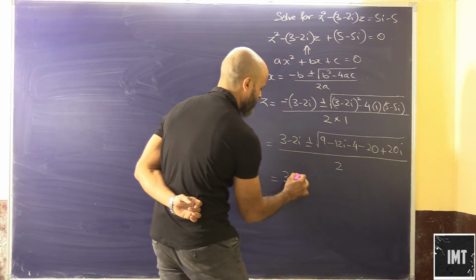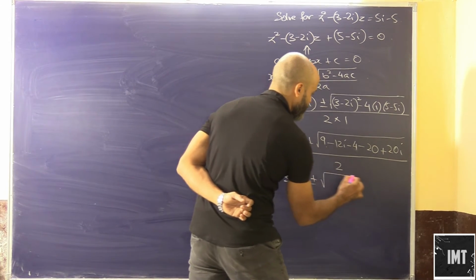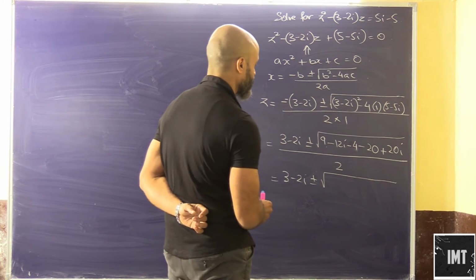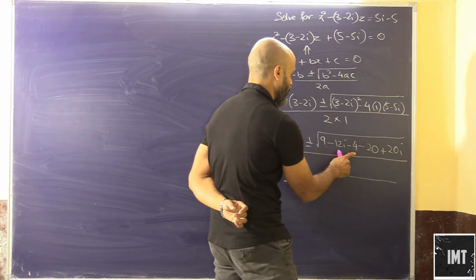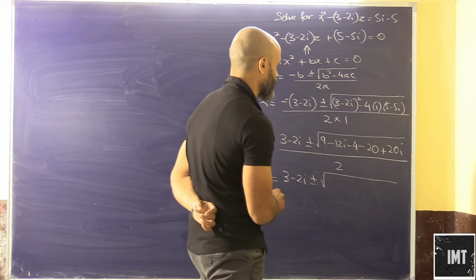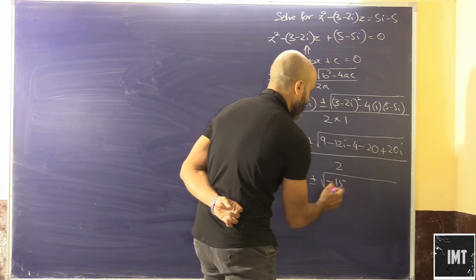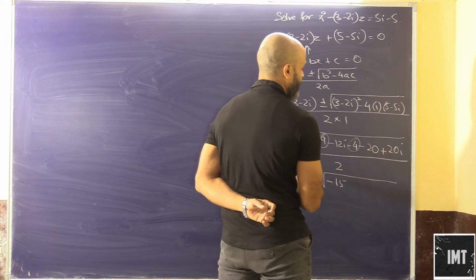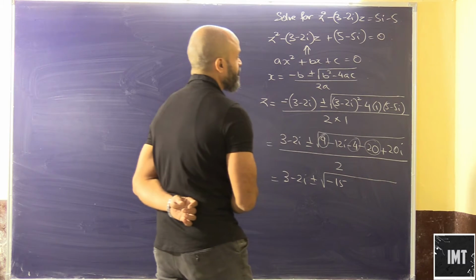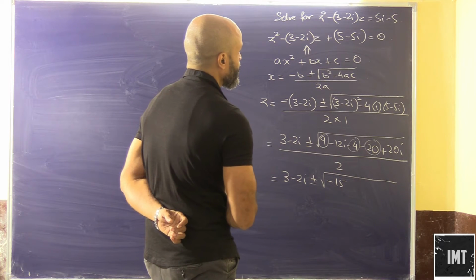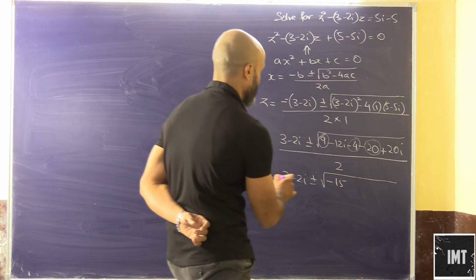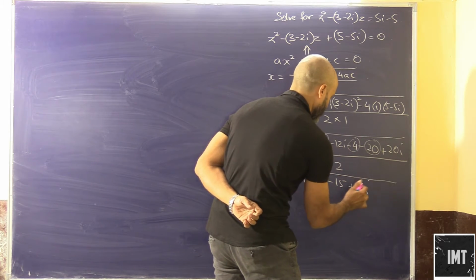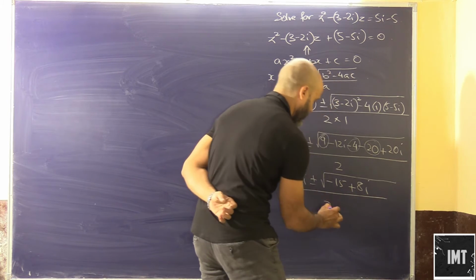So this will be 3 minus 2i plus minus, so this is going to be how much? 9 minus 4 is 5, 5 minus 20 is minus 15, and minus 12i plus 20i, so this will be 8i, upon 2.